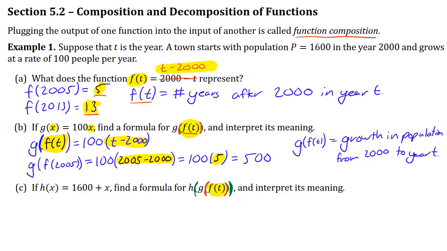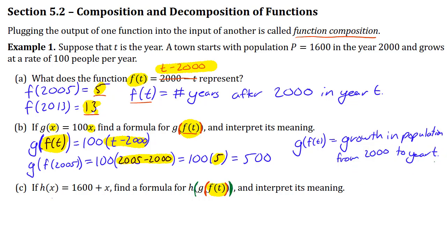And that output is going to be the number of years after 2000 that year t is. And so you take the number of years after 2000, and g of that number of years is going to give you the growth in the population that has happened from 2000 to year t.